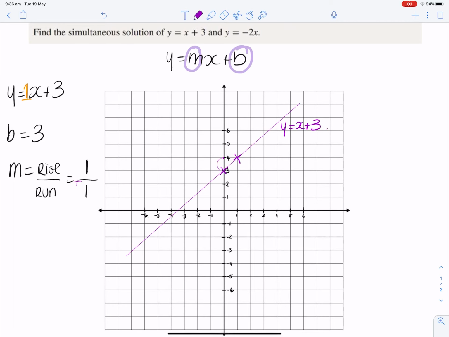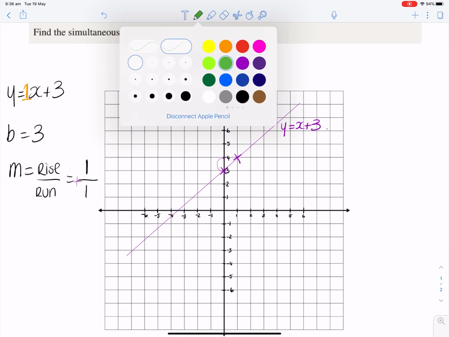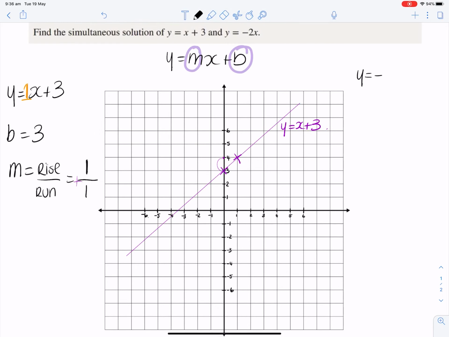Next one, I'll do it in green, is y equals minus 2x. Here there's no y-intercept that's really clear, which means it's at 0. So b is at the origin, and my gradient here is minus 2 over 1.